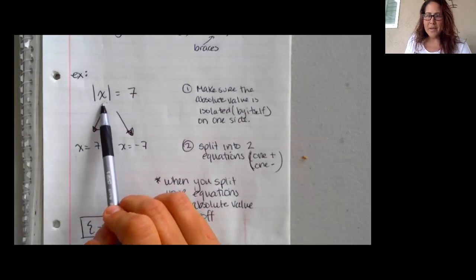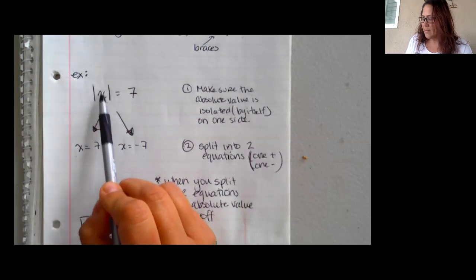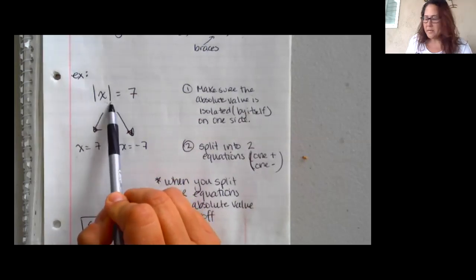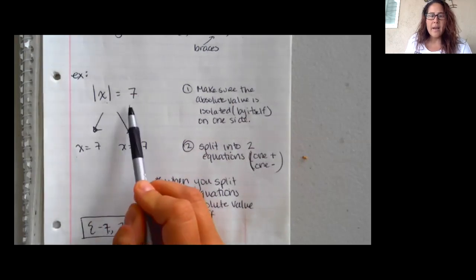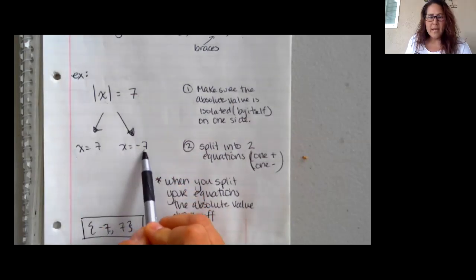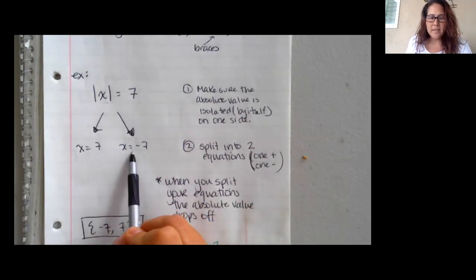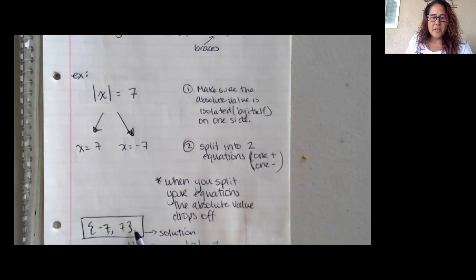Once the absolute value is by itself, you split it into 2 equations. One that's positive, one that's negative. So when I drop this down here, I'm going to get rid of my absolute values, and I'm going to have my positive, x equals 7, and my negative, x equals -7. Now I've already solved this because I already know what values of x, and I'm going to write my answer like this. {-7, 7} is the solution.